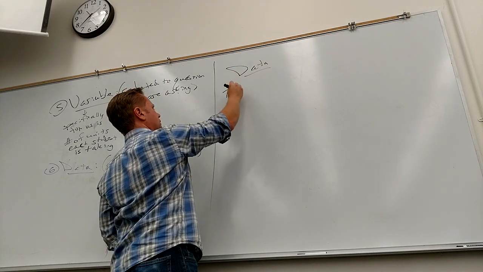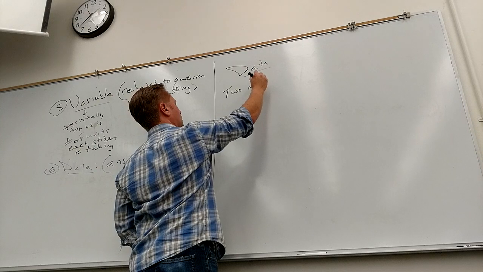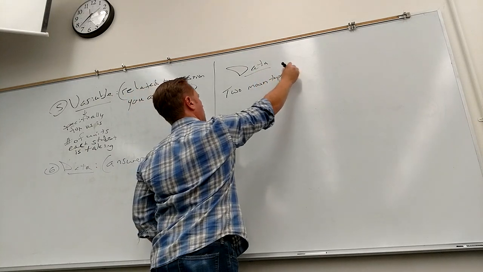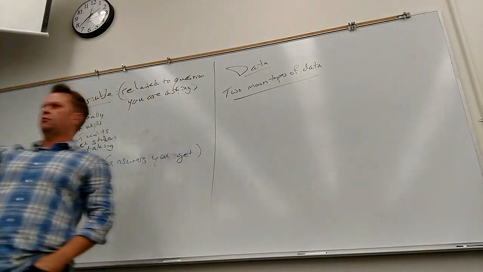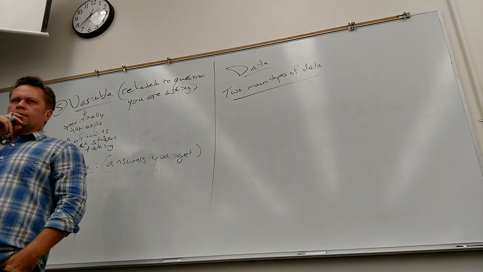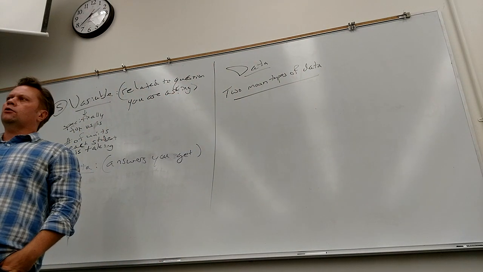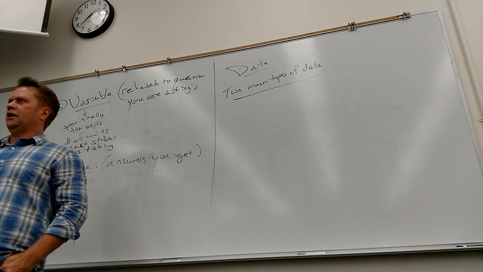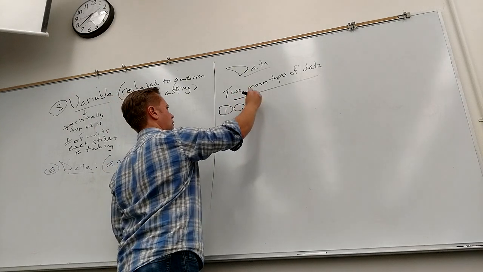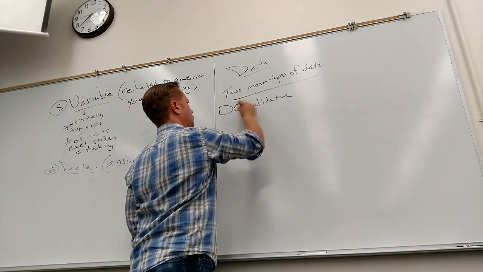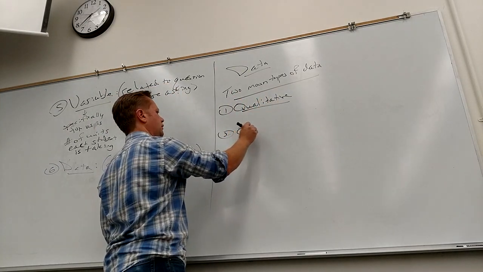Two main types of data. And then we're going to actually break it down even further. But the two main types are qualitative and quantitative. What's the root word sound like for qualitative?